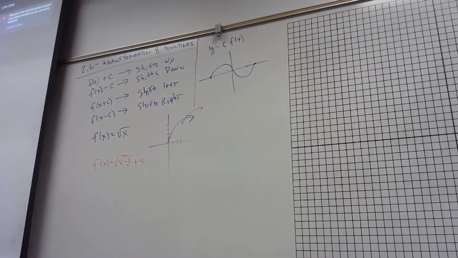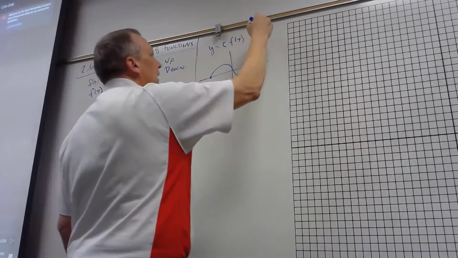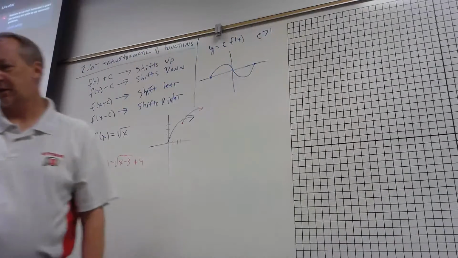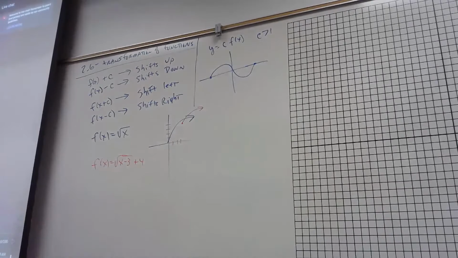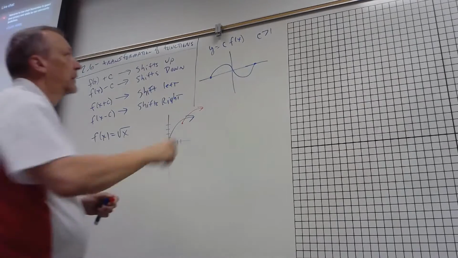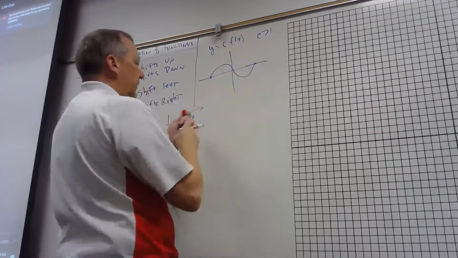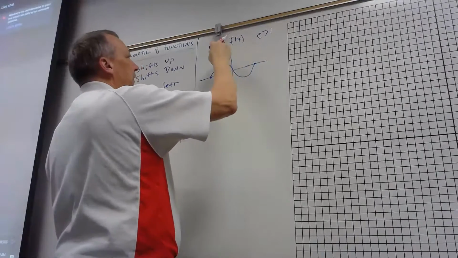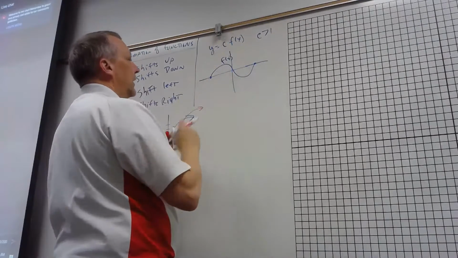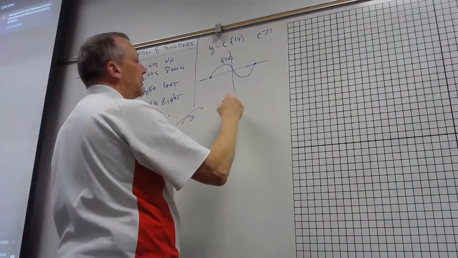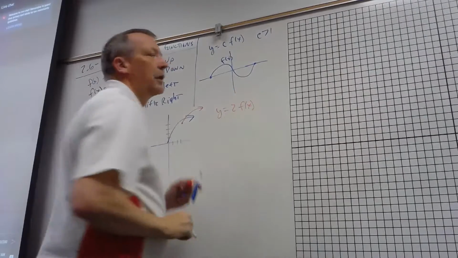So the question is, if c is greater than 1, what does that do to my blue graph? Let's say that c equals 2, for example. Let's say this is my function of x, and I had y equals 2 times f of x.